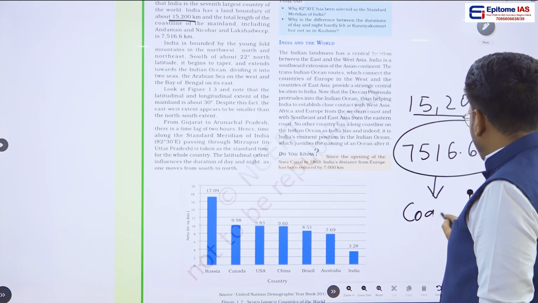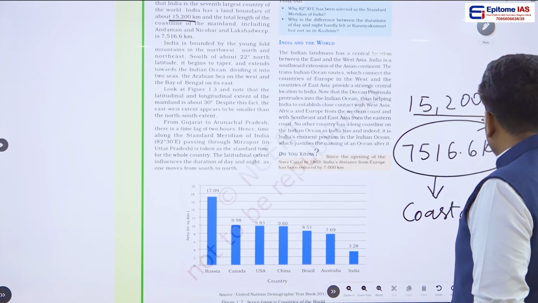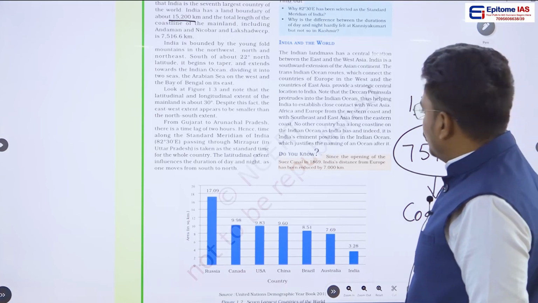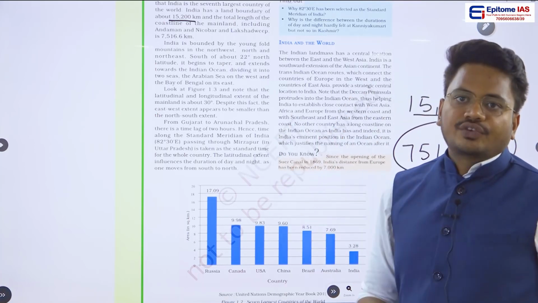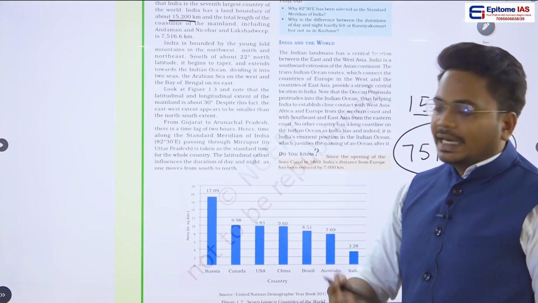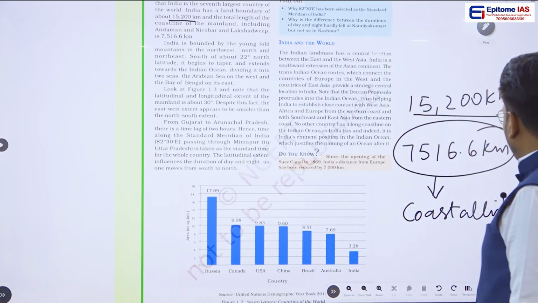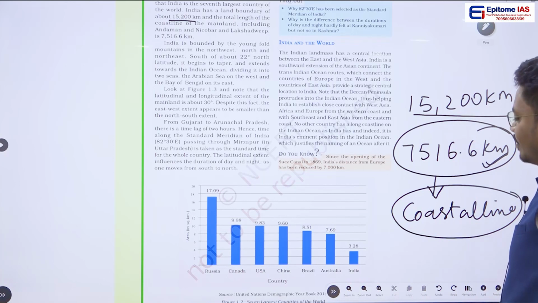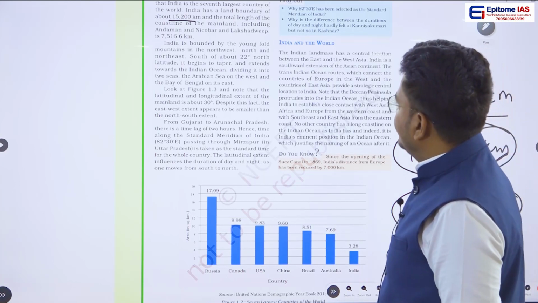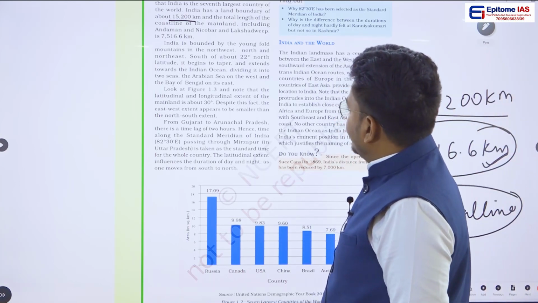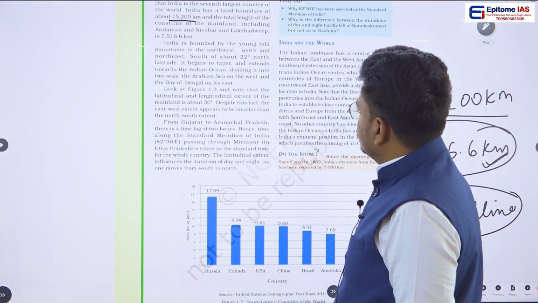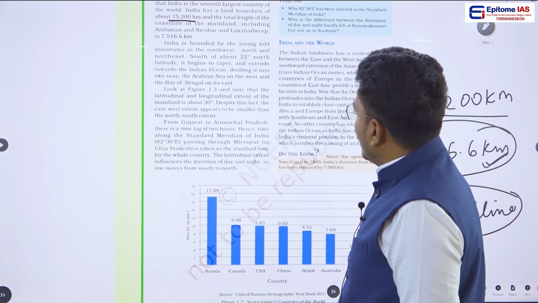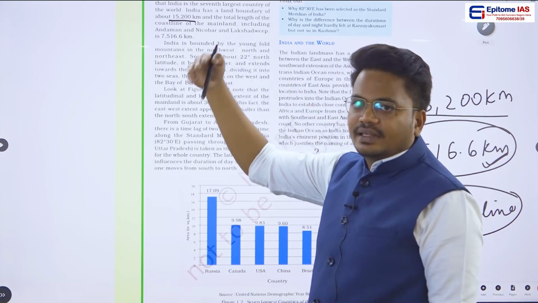This coastline includes Lakshadweep as well as Andaman and Nicobar. Including Lakshadweep and Andaman and Nicobar, India has a coastal length of 7,516.6 kilometers. And here he is mentioning the boundaries of India.